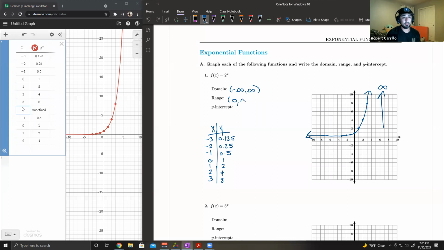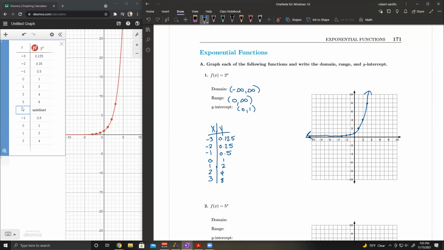So it's 0 to infinity. Looking at our y-axis, we have a y-intercept at (0, 1). And that is the graph of the exponential function 2 to the x.